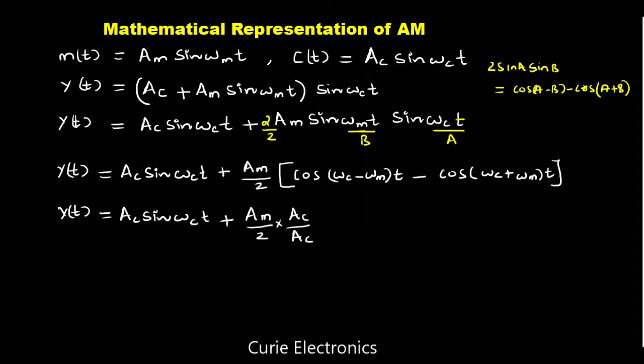I'll write first this term, that is cos(ωc − ωm)t, minus again Am by 2 Ac upon Ac cos(ωc + ωm)t.